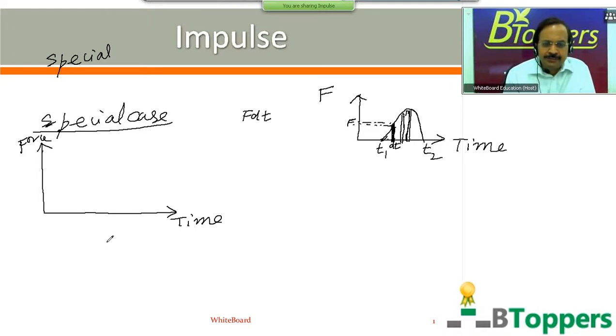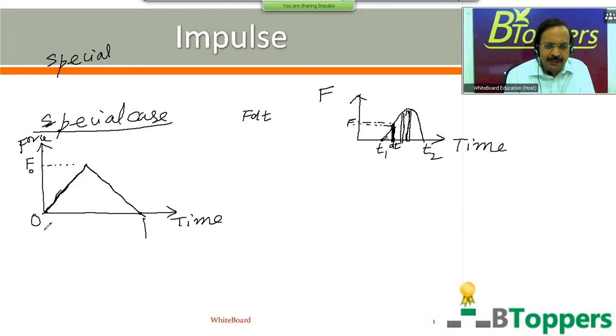Suppose the magnitude of the impulsive force increases linearly with time, then the force time graph will be a straight line passing through the origin. The force first increases linearly with time from 0 to some maximum value denoted by F0, then decreases linearly with time from F0 to 0.